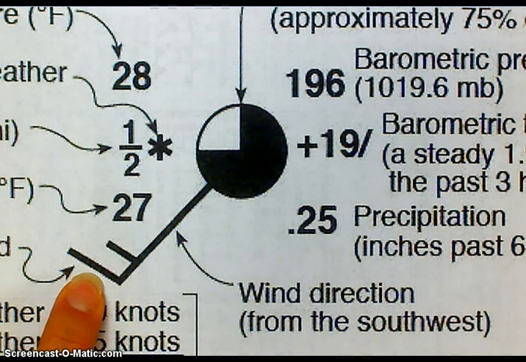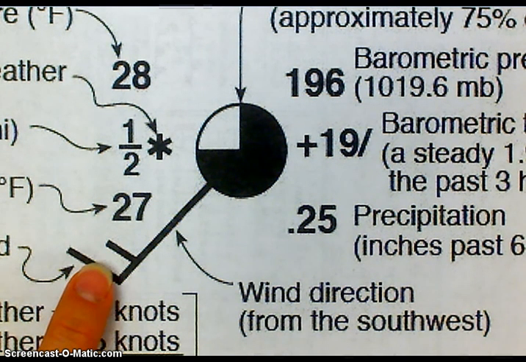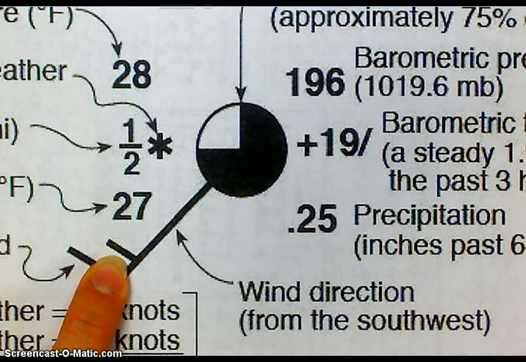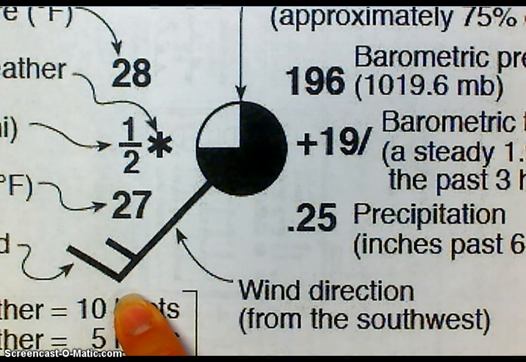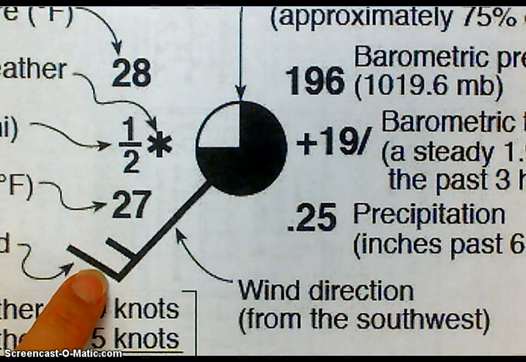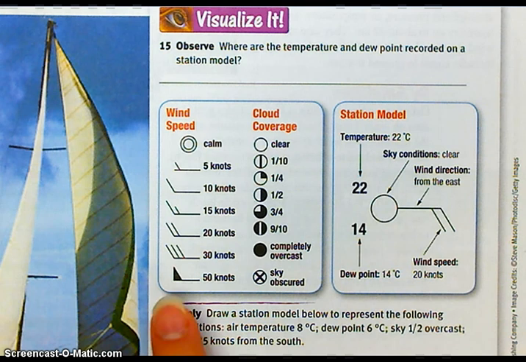So that would be 10 knots. A half feather is 5 knots. So if you see a full and a half, that's 15 knots. That tells you your wind speed. So where the bar is tells you your wind direction, and the little feathers on the bar tell you your wind speed. Okay, you have the different options here on page 474 to help you.